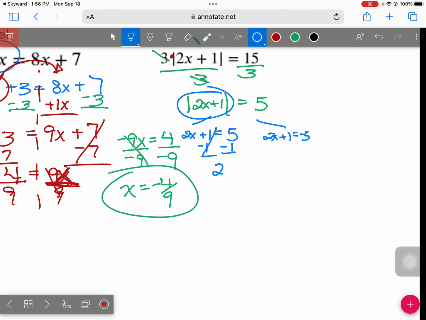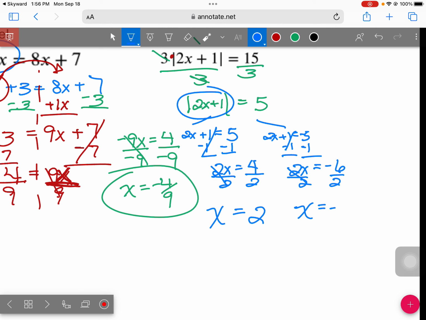We get 2x is equal to 4. Divide by 2, and x is equal to 2. On the other side, subtract 1. 2x is equal to negative 6. Divide by 2, x is equal to negative 3.